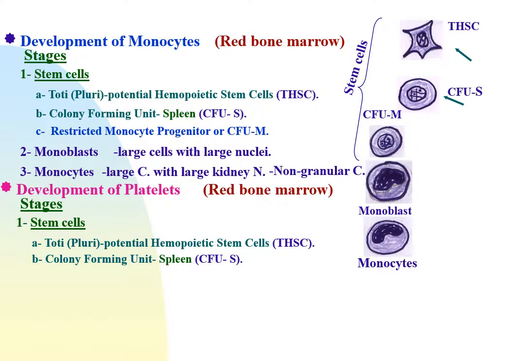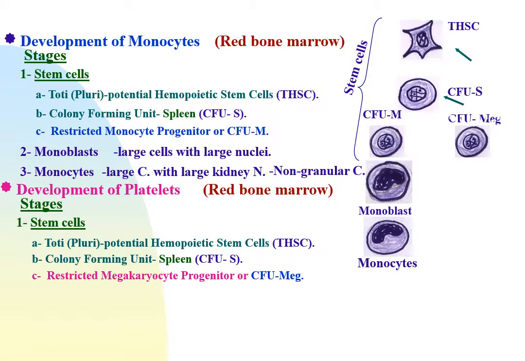They divide and differentiate to form more restricted stem cells. Restricted megakaryocyte progenitors are colony-forming unit megakaryocytes. These are further restricted stem cells only to form megakaryocytes. They are rounded with lightly basophilic cytoplasm and large rounded nuclei.